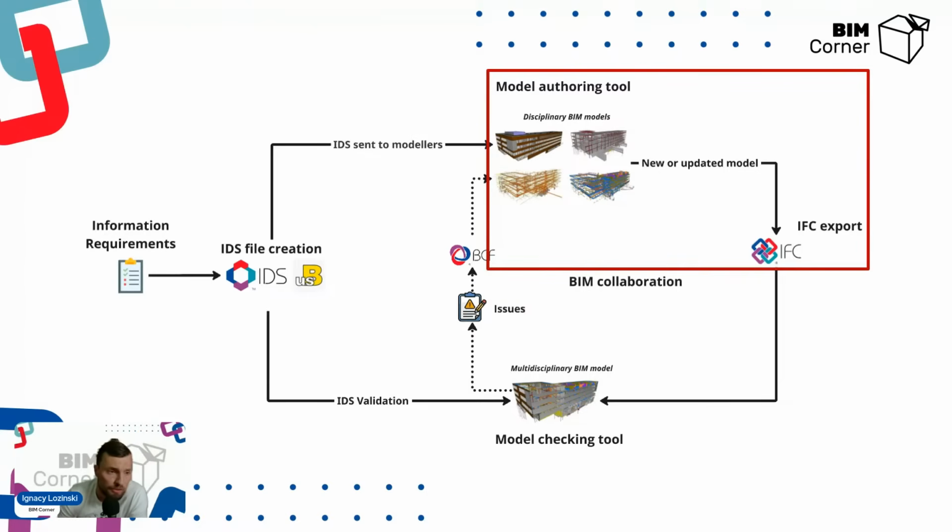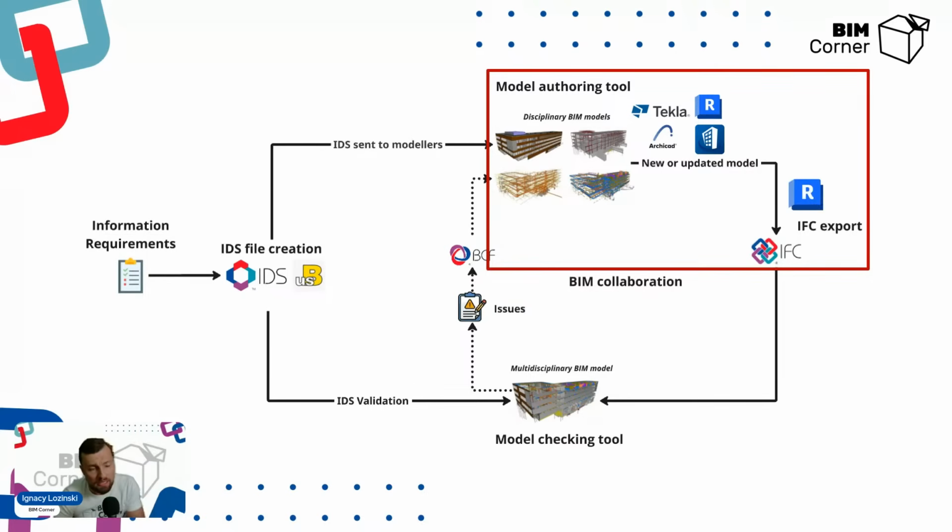Disciplines should add these information requirements based on the IDS into their models in authoring tools. The tool doesn't matter so much. It can be Tekla, it can be Revit, it can be ArchiCAD, OpenDesigner, Vectorworks, or any other model authoring tool that supports IFC.